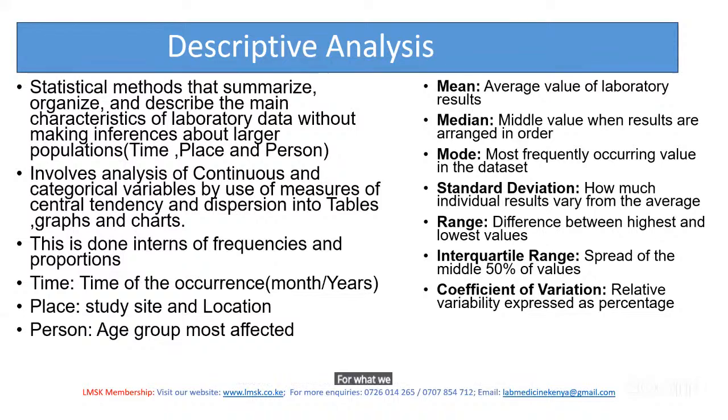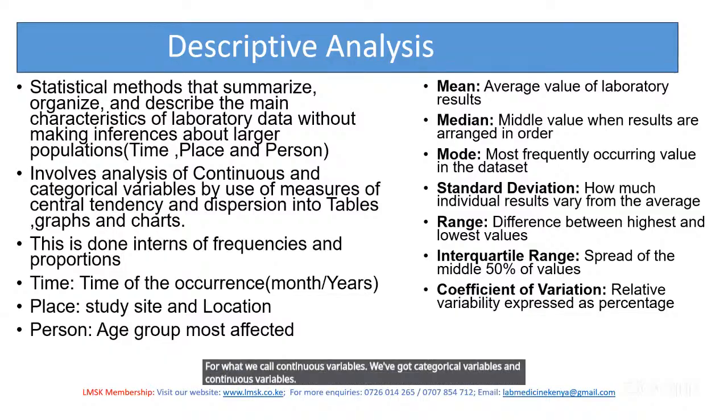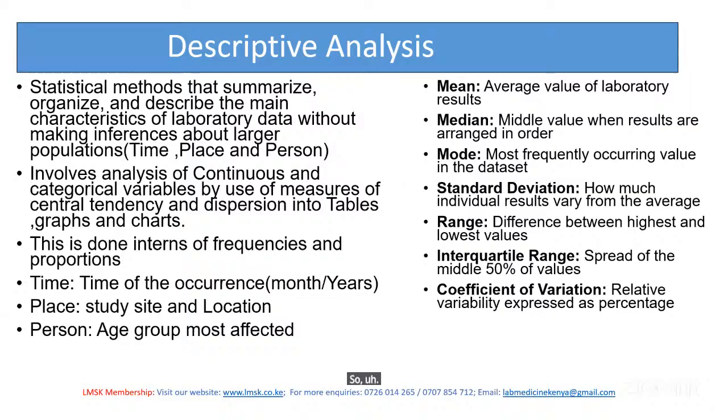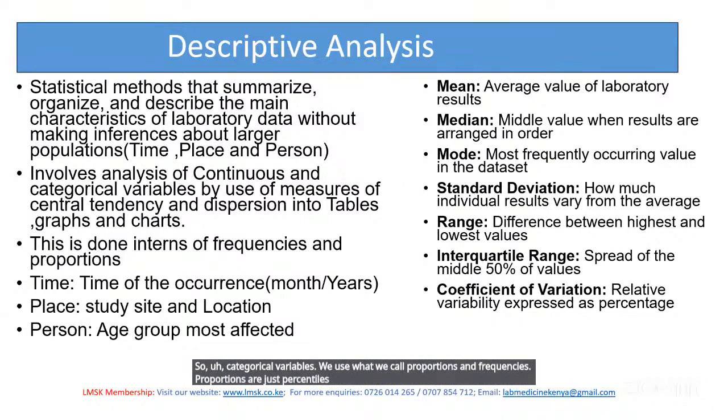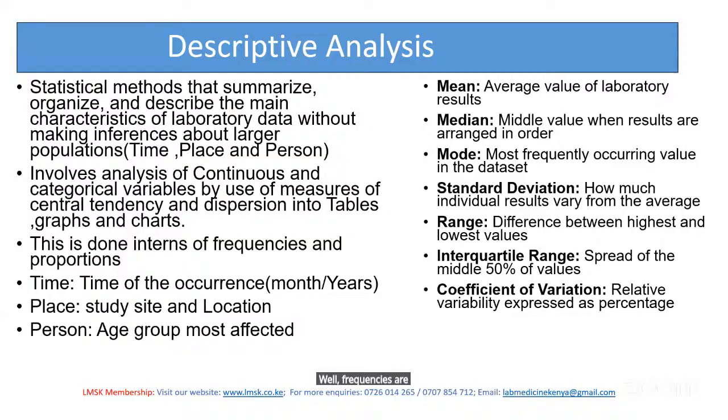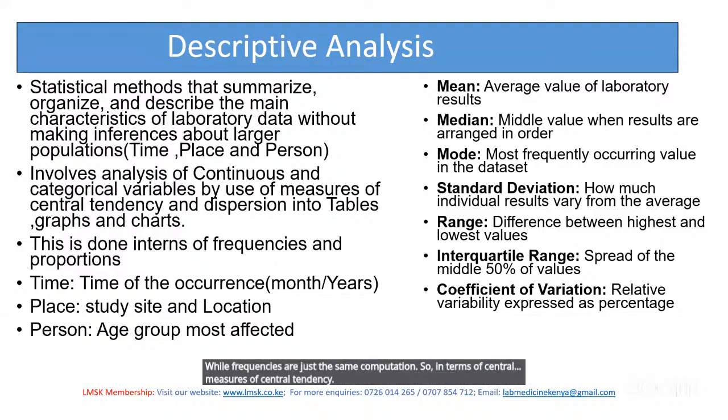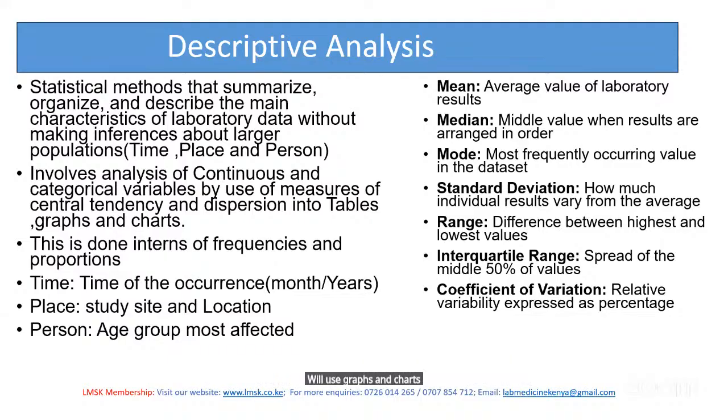Then I've also talked about the rule of thumb while using measures of central tendency and dispersion for what we call continuous variables. We've got categorical variables and continuous variables. For categorical variables, we use what we call proportions and frequencies. Proportions are just percentages, while frequencies are just the counts. For continuous variables, we'll use measures of central tendency, that is mean, median, mode, and the interquartile range.